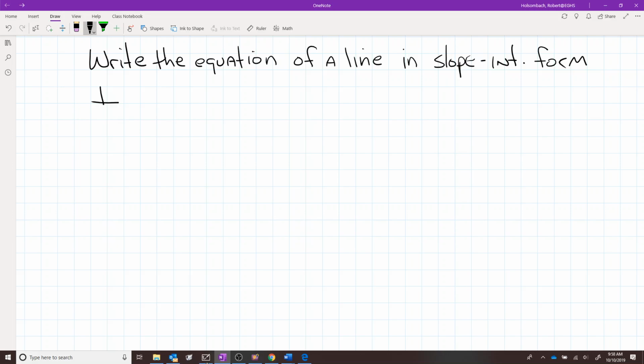Perpendicular to y equals negative 2x plus 6, containing 3, 2.